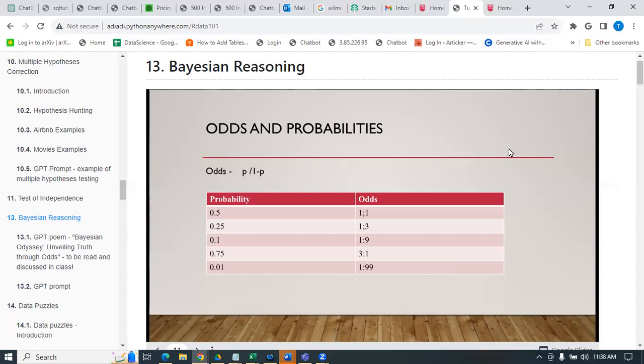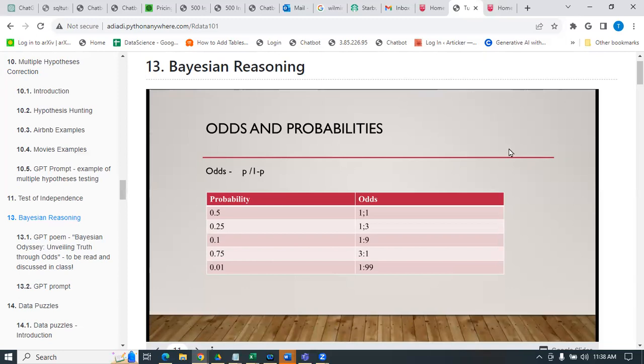That requires a bit of very simple math, converting probabilities to odds. Odds is when you measure a given event and you measure the complement of the event, in other words, P and not P, and see what the ratio is. So it's P divided by 1 minus P, where P is a probability. Very simple. It's a 1-to-1 correspondence.